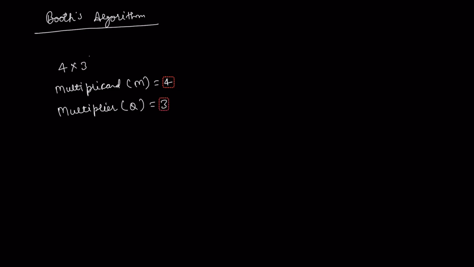So we will calculate the number of bits in signed form. What is 4 in signed form? This will be 0100, and 3 is 0011, so this is taking 4 bits. So n bits are there.